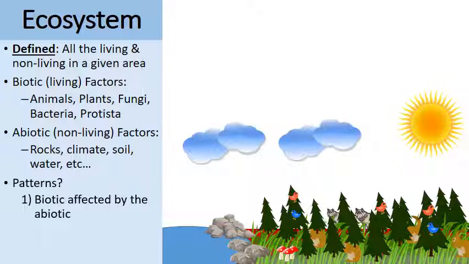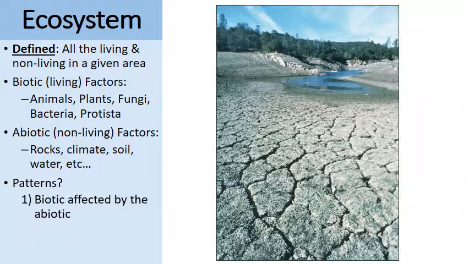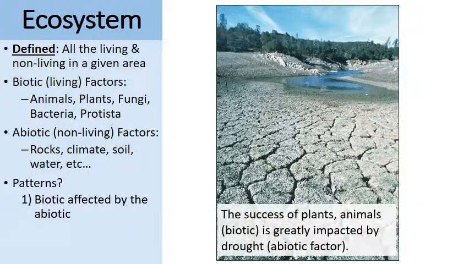Biotic is affected by the abiotic. Again, it sounds really fancy, but all we're saying is that life can be affected by non-living factors. For instance, here we have a picture of a drought in a dry area, and it says the success of plants and animals is greatly impacted by drought. Non-living factors such as a lack of water can greatly impact things that are alive.